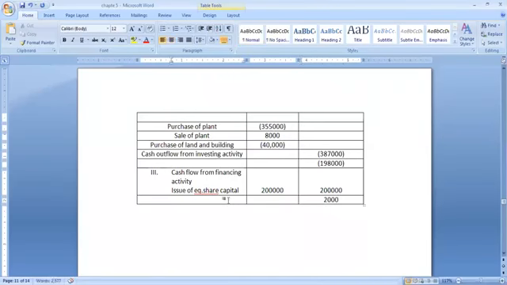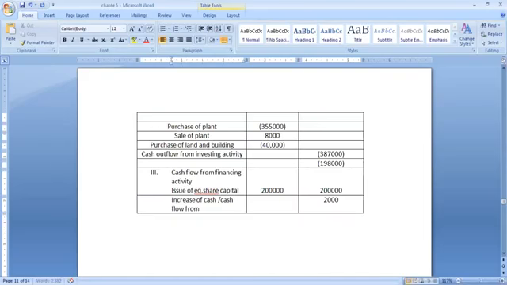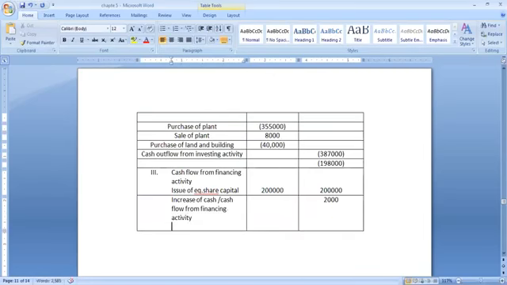So what is this 2,000 called? This is called the increase of cash from financing activity. To this, you will be adding the opening value of cash, or cash at the beginning.